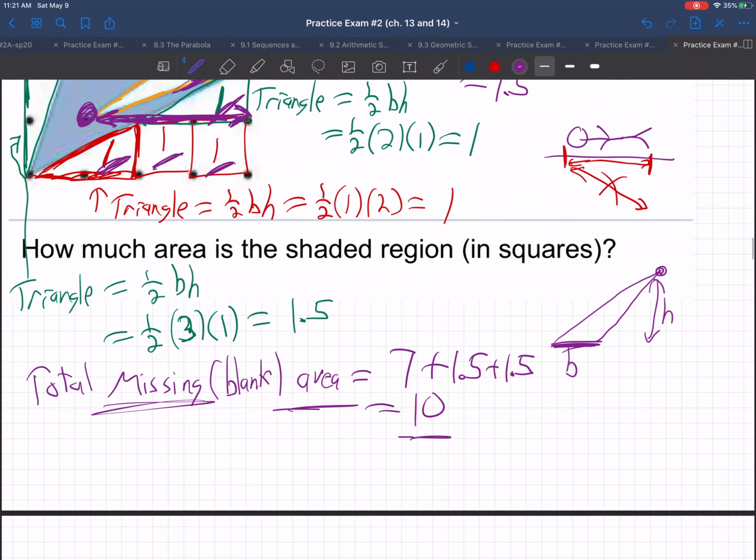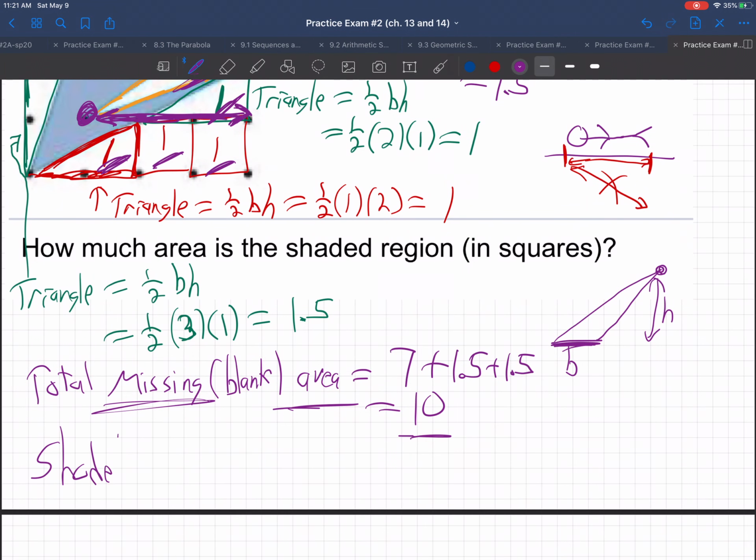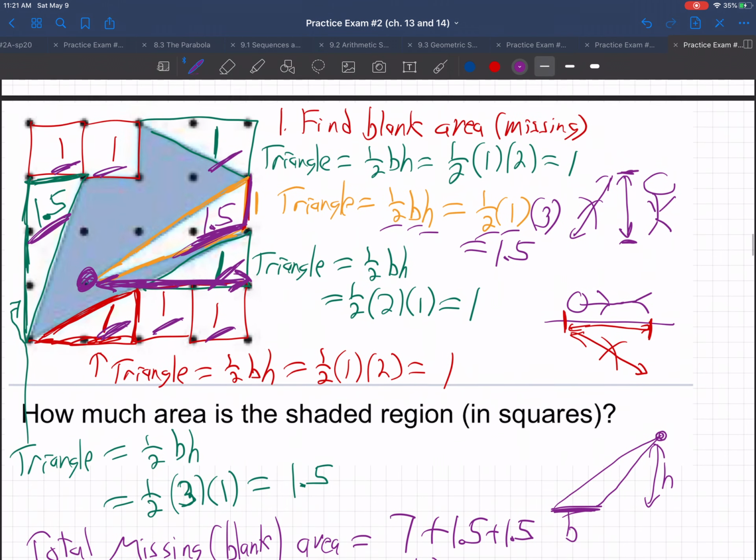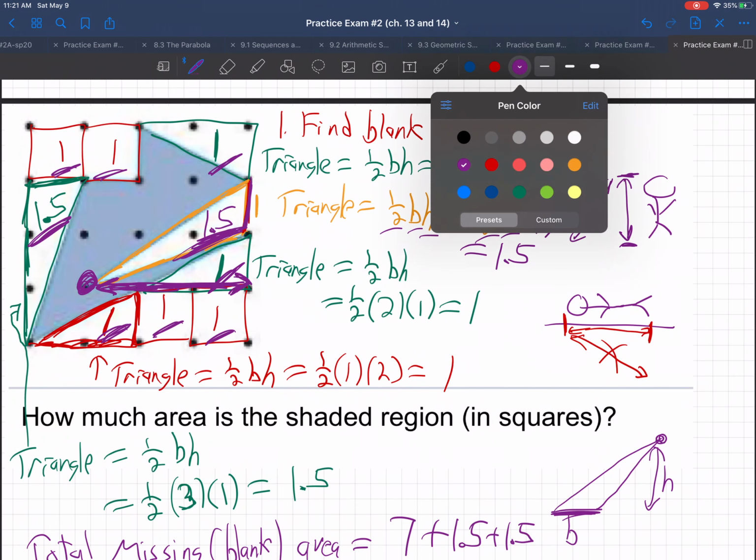So the shaded area must be the total area minus the missing, or blank, area. Right? So what's the total area in this entire shape?